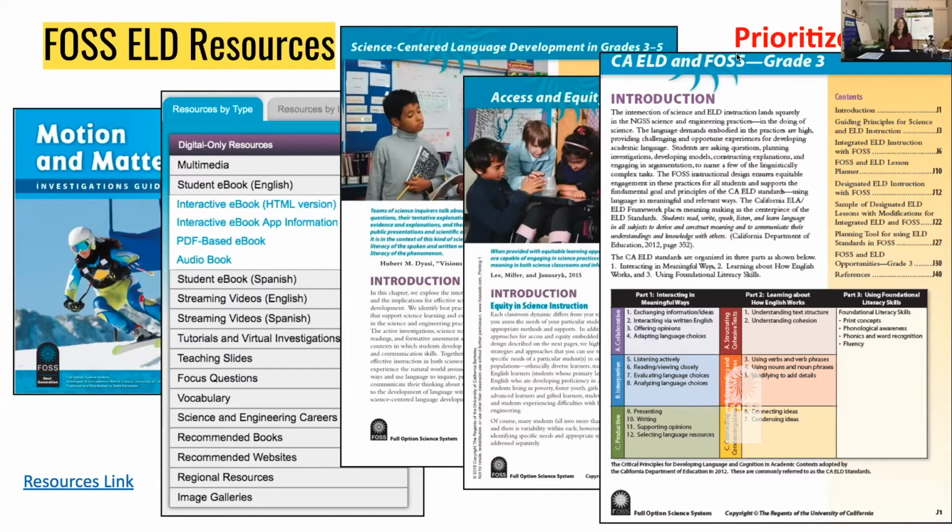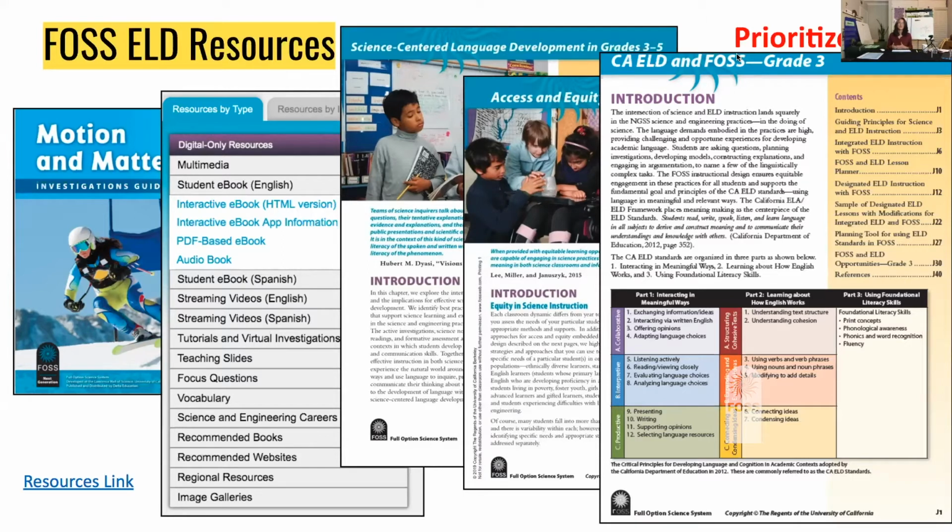So I'm going to link to these resources in the chat for everyone. Oh, thank you. So yes, I put a folder on Google that has the Science-Centered Language Development chapters for K-2, 3-5, and middle school. And also the Access and Equity chapters there. All of these are accessible on FOSS Web.